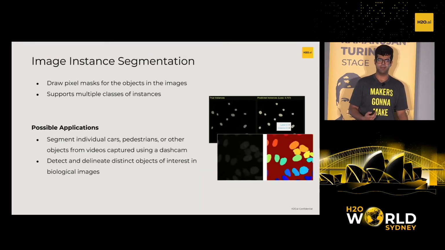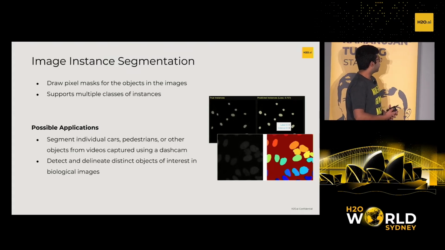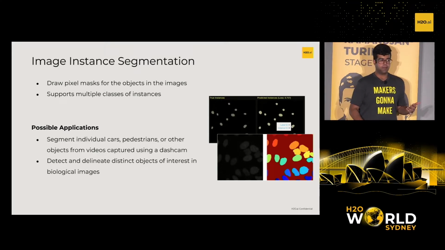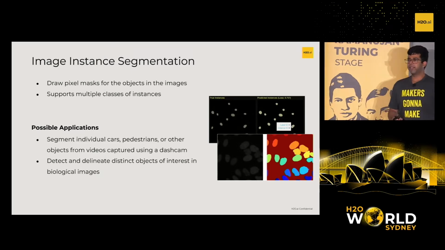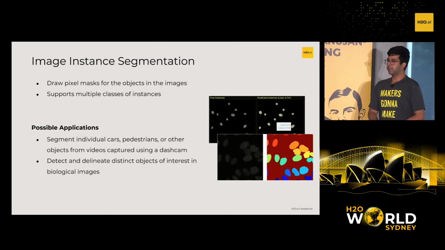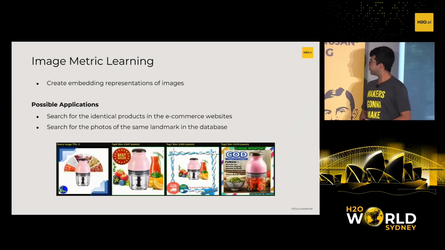So that's another example. You could have instance segmentation, where you could segment out individual cars. So let's say you're trying to build a model to help the traffic authorities bill the toll taxes or something like that. That's also possible through Hydrogen Torch.